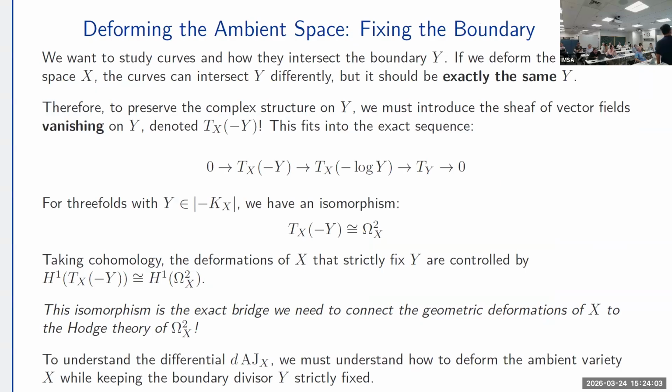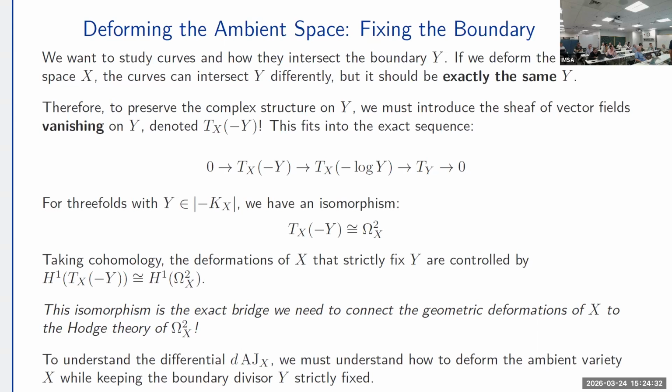This simply means the sheaf of vector fields that vanish this time on Y. The first one I introduced before was logarithmic, where you can move the complex structure of Y, but now you are keeping the same structure on Y. And this fits into some exact sequence, just like this. And now, a funny situation in this log Calabi-Yau threefold is that we have an isomorphism.